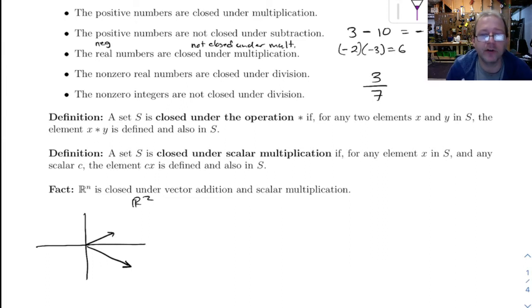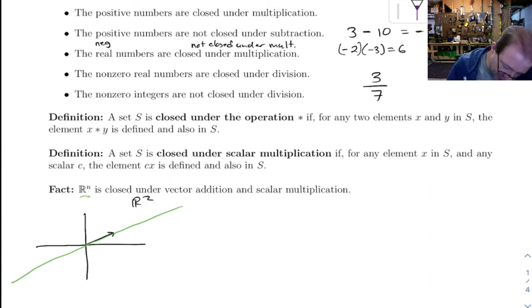Any two vectors in R2, you add them together, the result's in R2. And also, if you take any vector and multiply it by a constant, all that's going to do is scale the vector and maybe reverse its direction, but it's still in R2. So R2 is closed under vector addition and scalar multiplication. And the same holds true for all Rn.